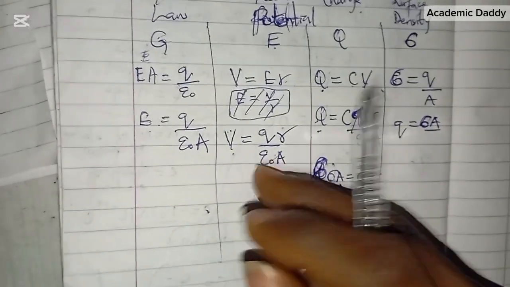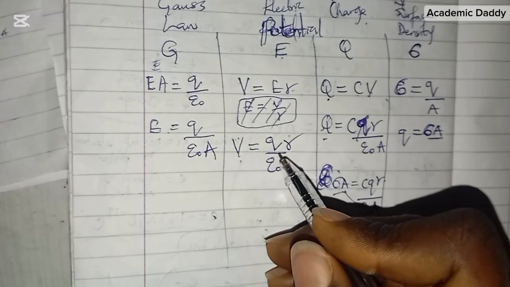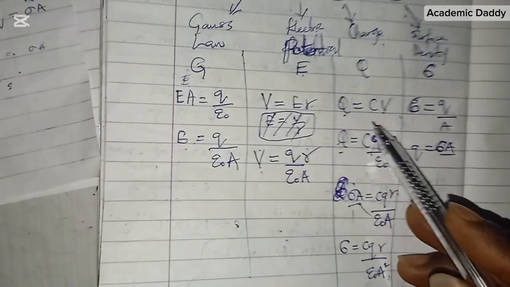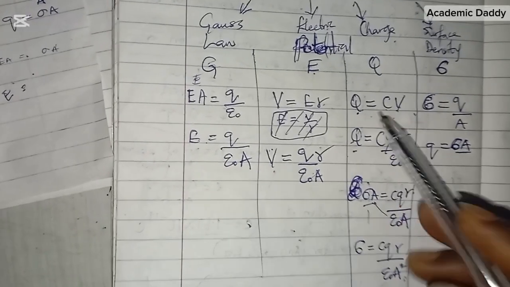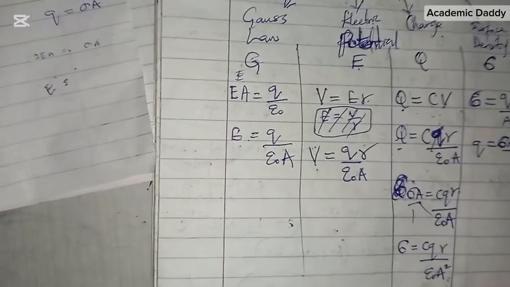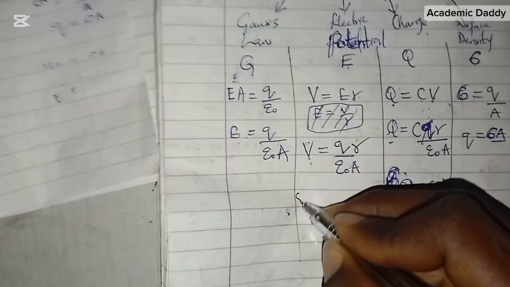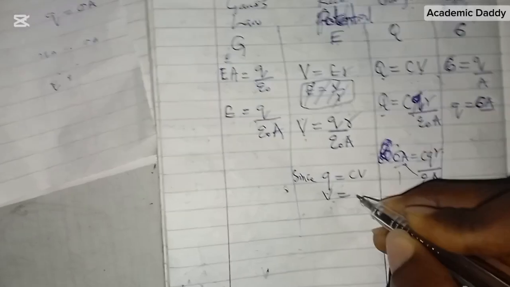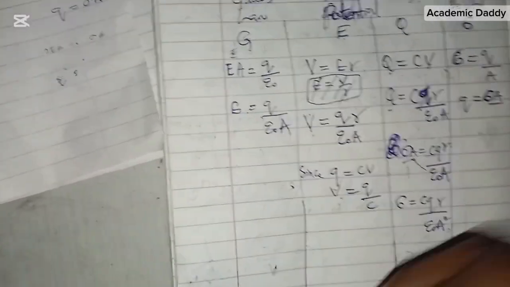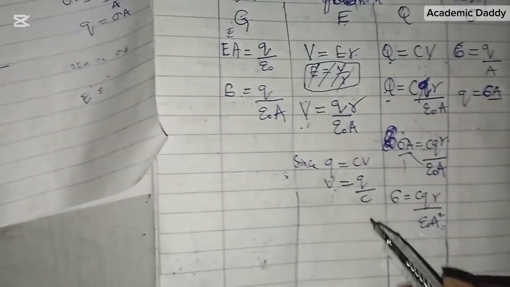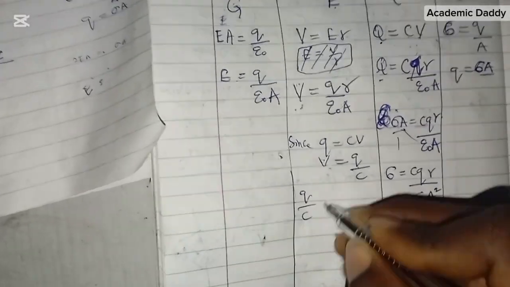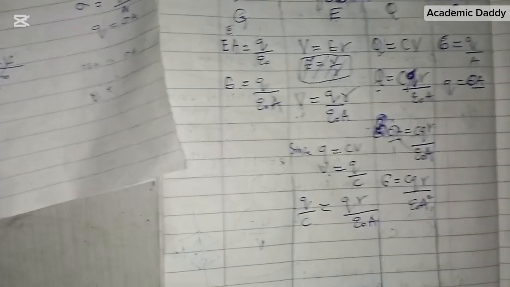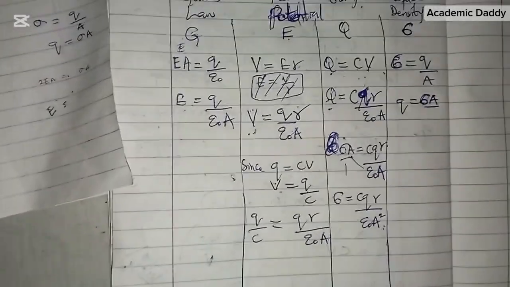If I come back to this one, this is QR over E naught. Notice that if I make V the subject of the formula, since Q equals CV, V also equals Q over C. So let me replace this V with Q over C. I can do Q over C equals QR over E naught A. Let's say I want to make capacitance the subject of the formula, because that's the topic we are treating.